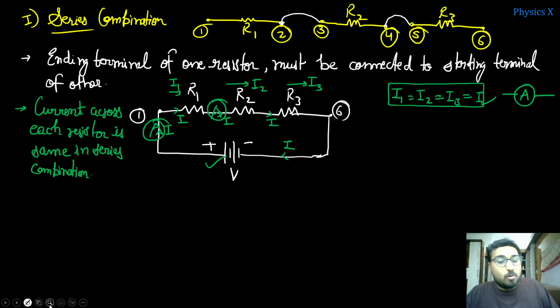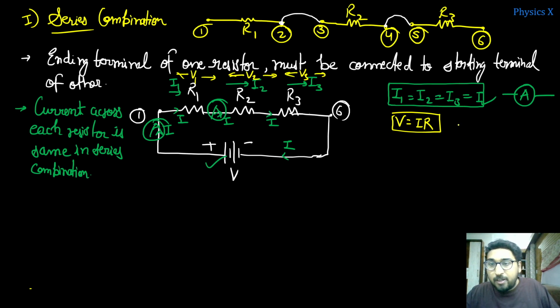Now from Ohm's law you know that V is equal to IR. That will be valid everywhere. So suppose the voltage difference is V1 across this resistor, V2 across this resistor, and V3 across this resistor.